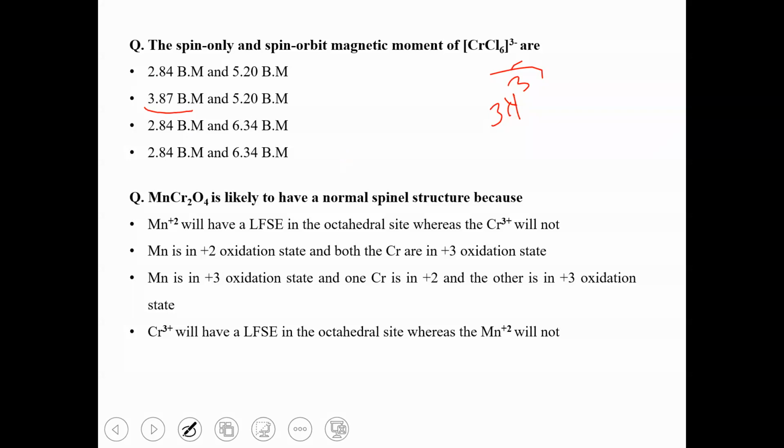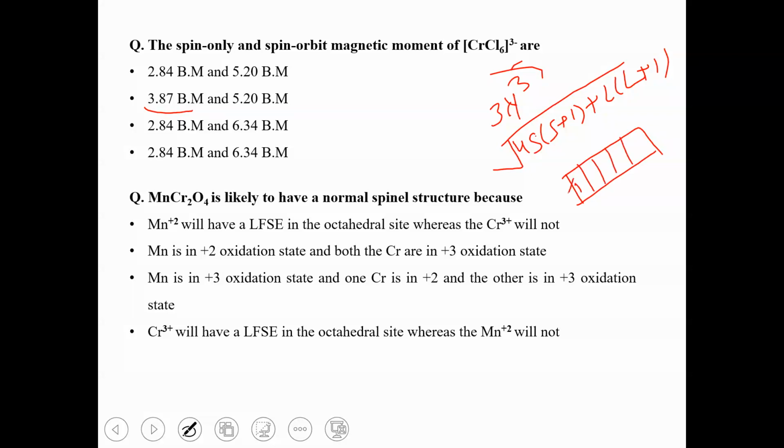Okay. And for the spin-orbit coupling, you have to apply this formula, that is under root 4S(S+1) + L(L+1). Okay. So the S value you already have. Okay. And the L value you can calculate: 1, 2, and 3 plus 2 plus 1 0.